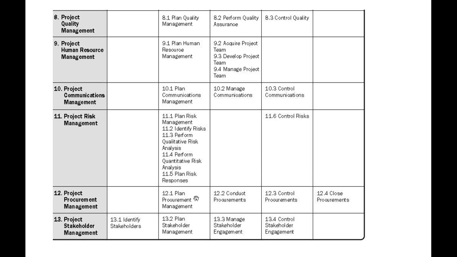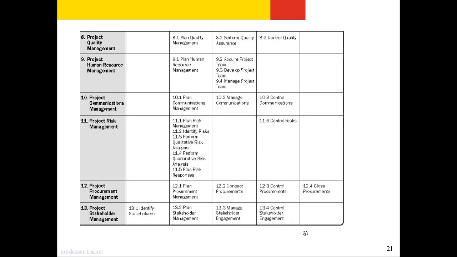The procurement involves plan procurement management, conduct procurements, control procurements, close procurements. And then finally there is stakeholder management: identify stakeholders, plan stakeholder management, manage stakeholder engagement, and control stakeholder engagement. For now, these are just terms for us, but as we proceed ahead, we'll get a better understanding of things.